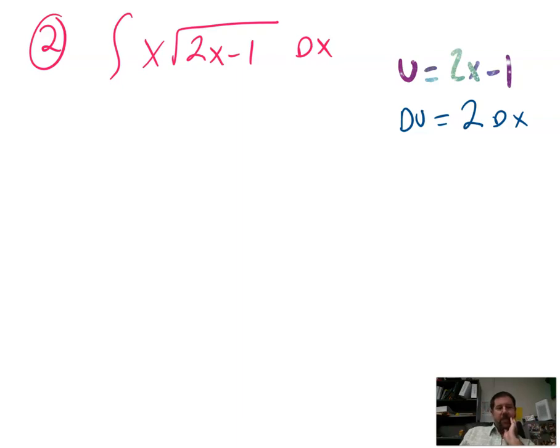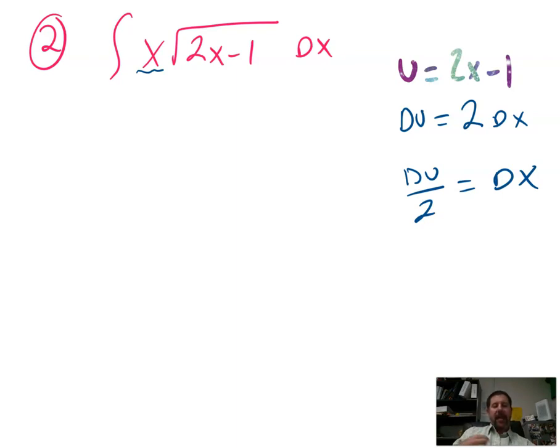Maybe you're seeing our issue here. The 2 is not a big issue, since we can divide du by 2. But I've got this extra x over here that I don't have in this part, and it's causing me some issues.